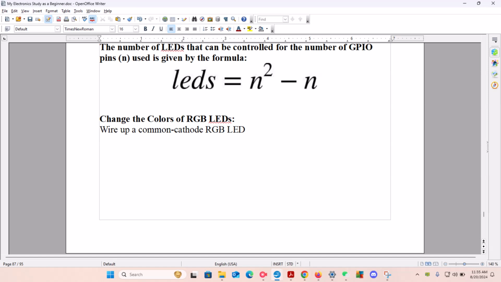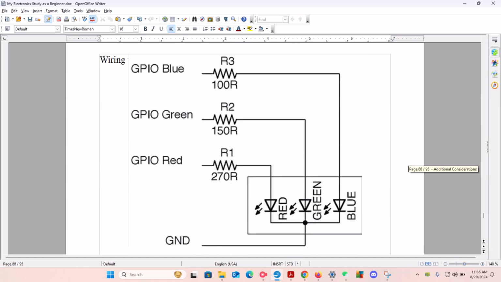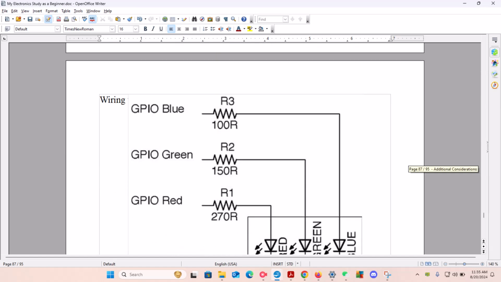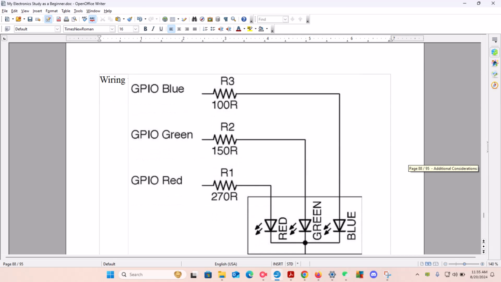Next thing we want to consider is when we change the colors of RGB LEDs. In order to do that, we want to wire up a common cathode RGB LED. Remember, this is positive charge. When we look at the wiring, we have to consider all 3 resistances in terms of red, green, and blue in that order.